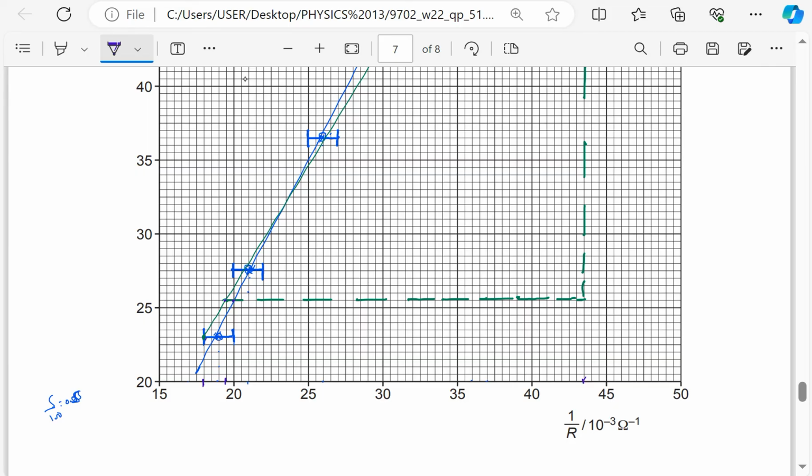For blue it is 20, then the other one is 19.5. For green it is 19.5. For blue it is 20. Okay, so those are the points for the graph. Then on the y-axis, y1 is the same. It is the same point here, which is 25.5.